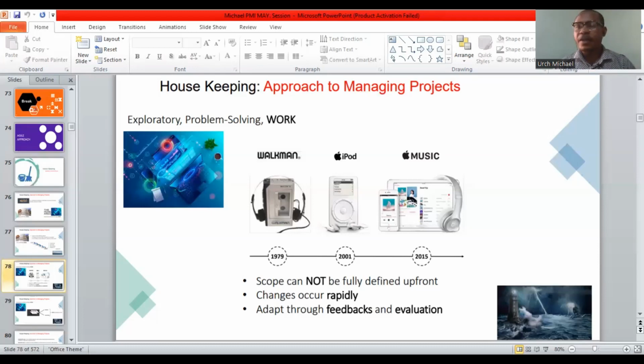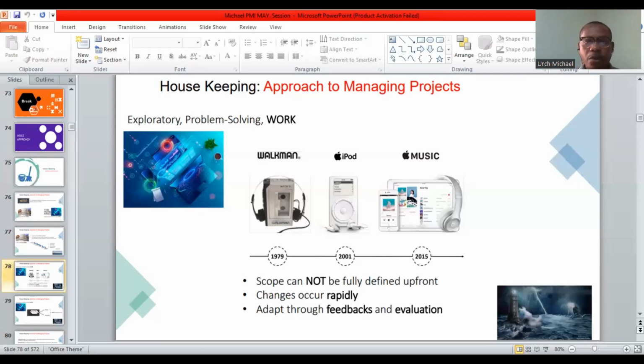Today we're having the iPhone 4, the iPhone 6, the iPhone 9, and the rest of them, the iPhone 11 and 14 Pro right now. I don't know what's coming up next, but one thing you need to know is that it's an exploratory approach, and they're exploring. While they're doing the exploration, they're coming up with new products to roll out that will be acceptable to the customers.